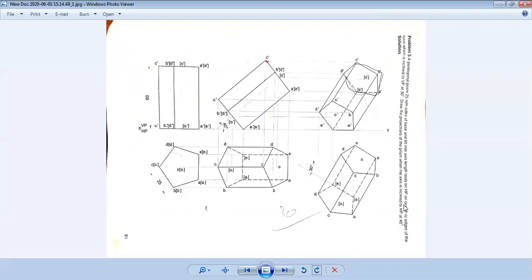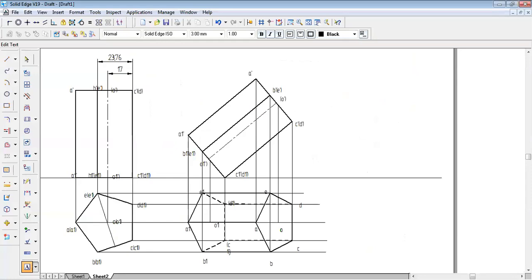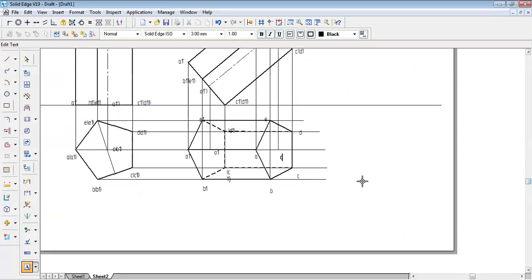The VP angle they have given as 30 degrees. So take the 30 degree VP angle line. Just do one thing: draw a small line here.